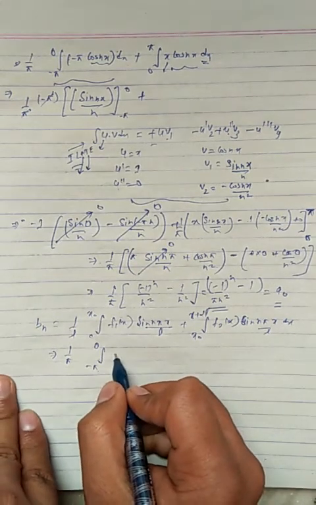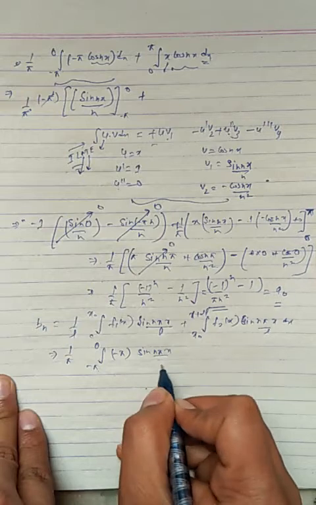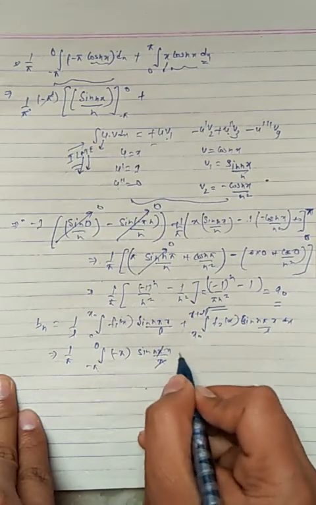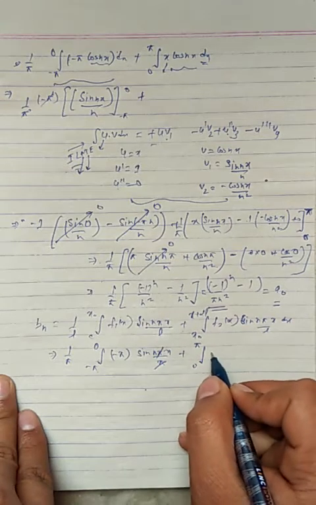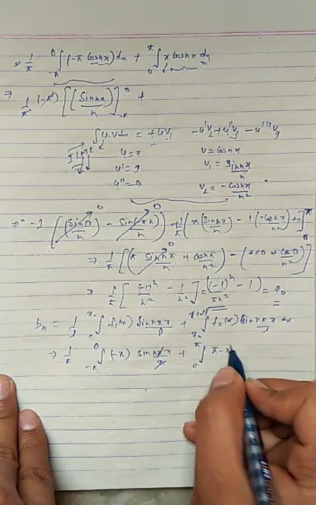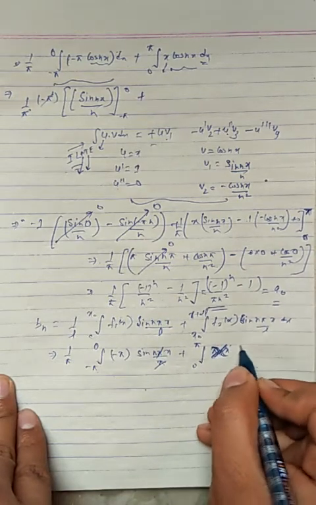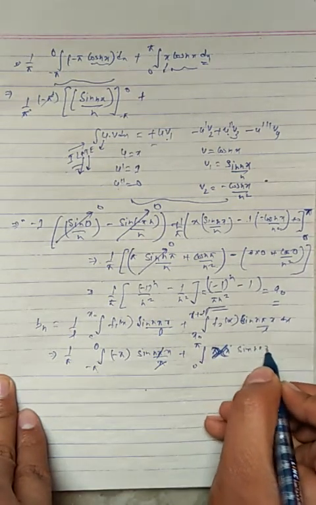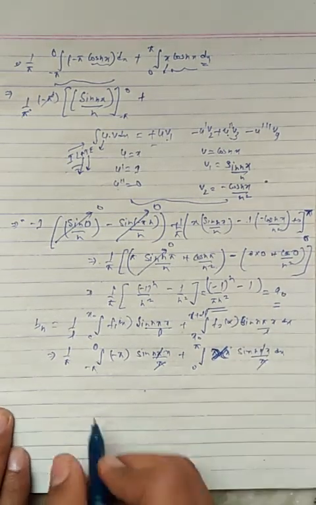and f1(x) is minus pi, sine of n pi x divided by pi, L is pi, plus x naught is 0, and c plus 2L is pi, f2(x) is pi minus x... x, and sine of n pi x divided by L is pi dx.